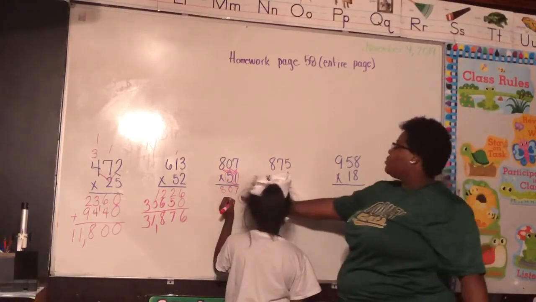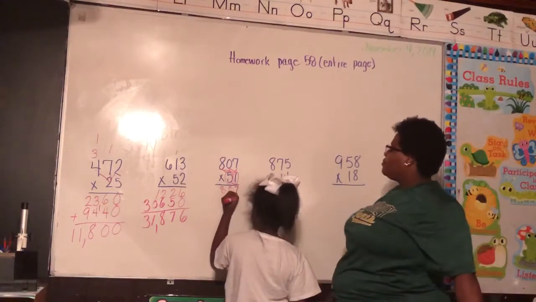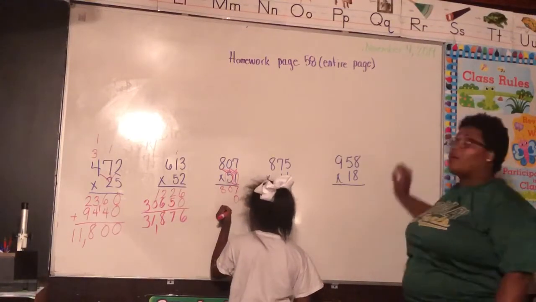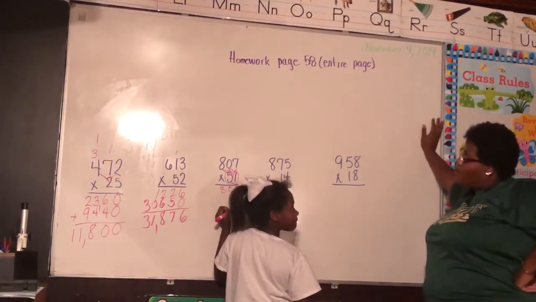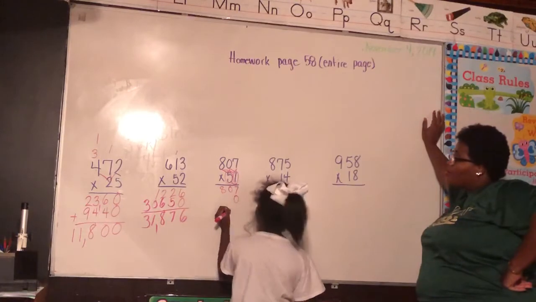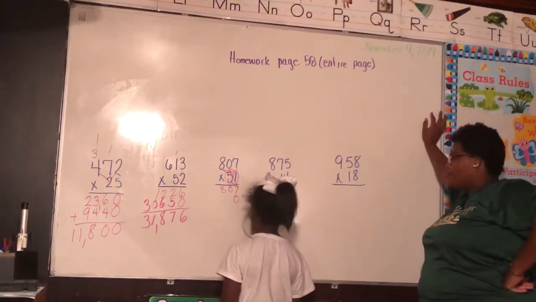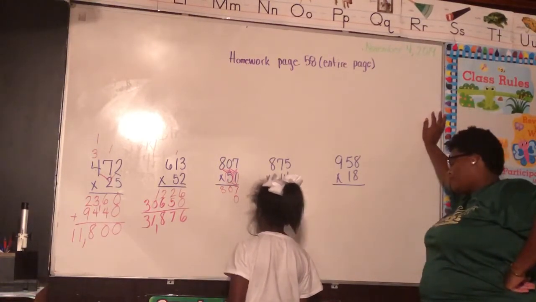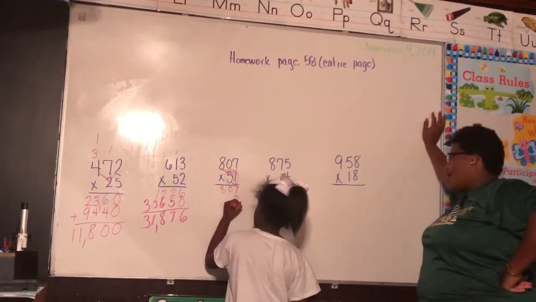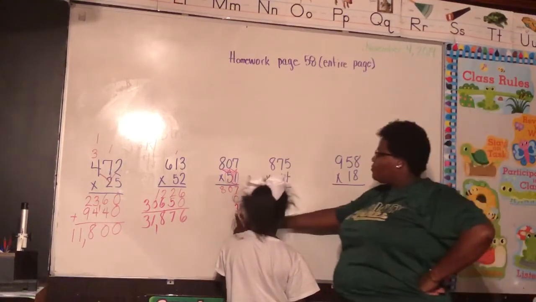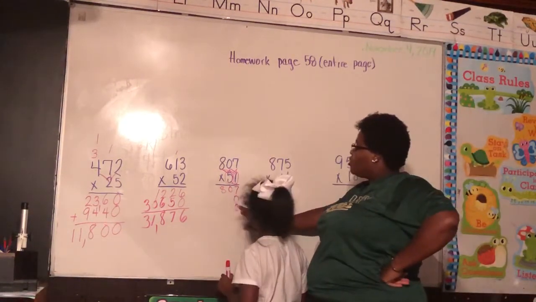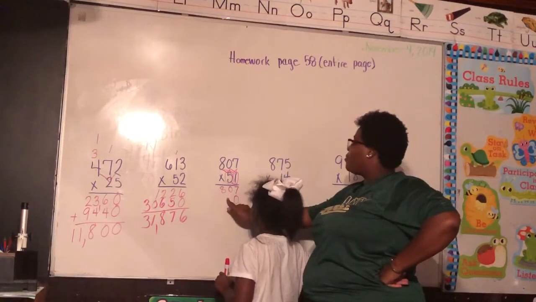Before you do that, you're supposed to put what? She almost forgot that 0. 5 times 7 is? Just like you're carrying from a math problem, put your 5.